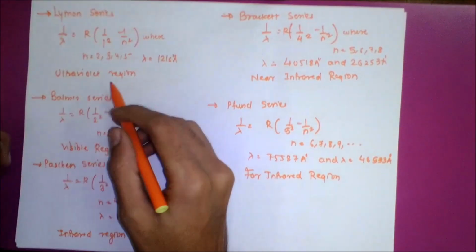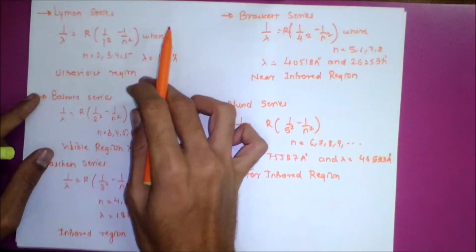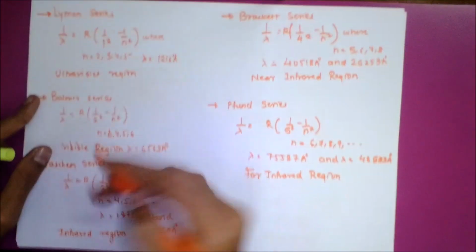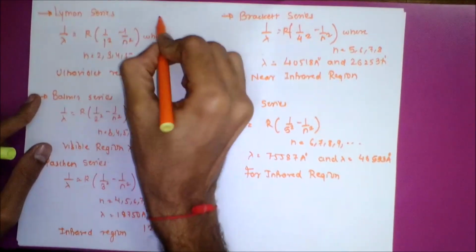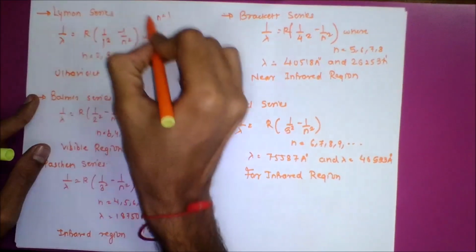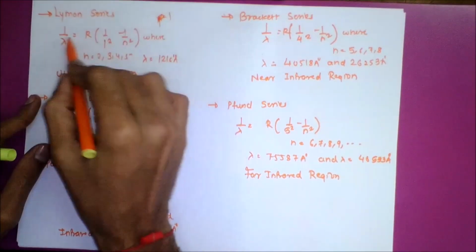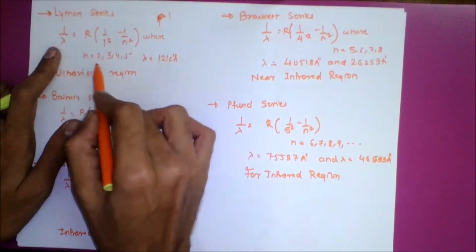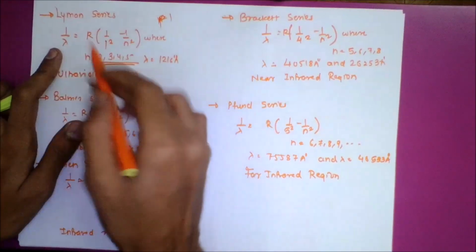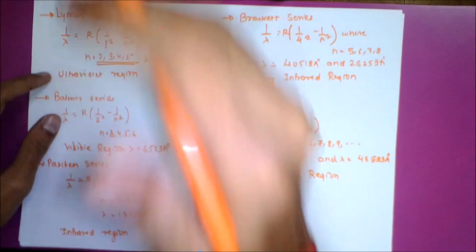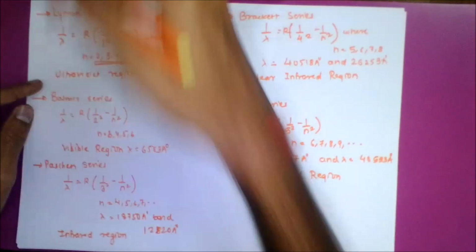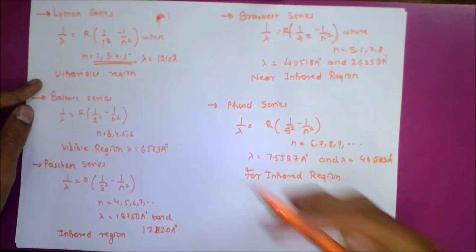So we have the Lyman series. This series arises due to the transition of electrons from the different outer orbits to the ground or first Bohr orbit, that is n equals 1, so p equals 1. We have the formula 1 upon lambda equals R, 1 upon 1 square minus 1 upon n square, where n can be 2, 3, 4, 5, anything other than 1, because the electron can come from the second, third, fourth or fifth orbit and fall onto the first orbit, radiating energy.